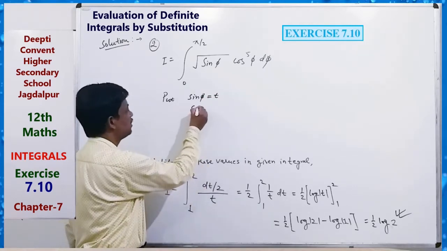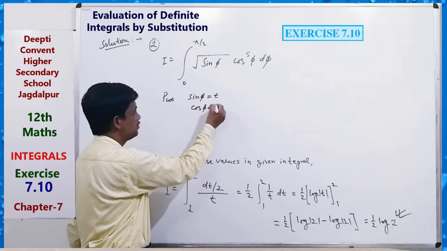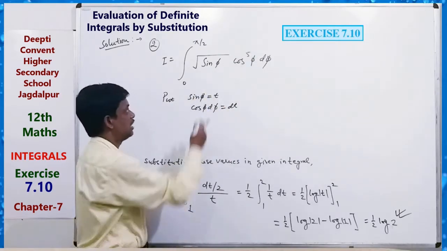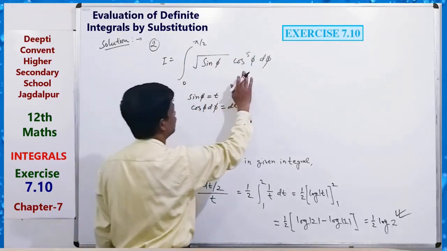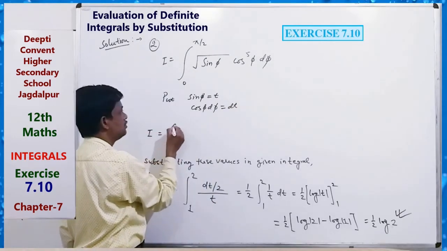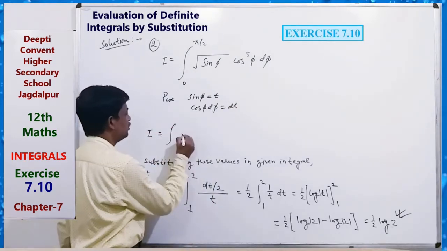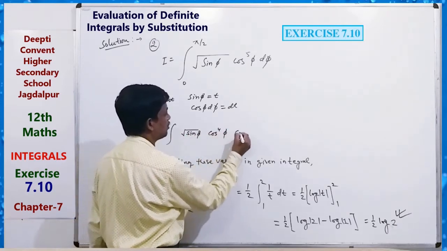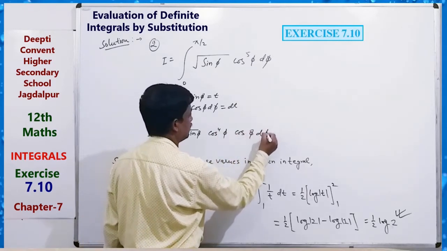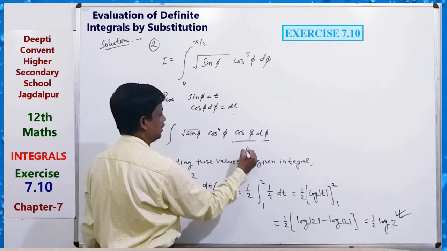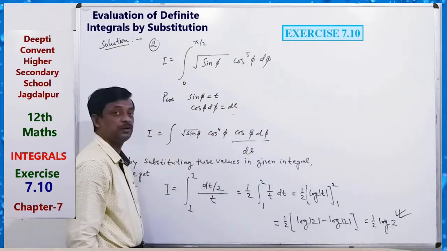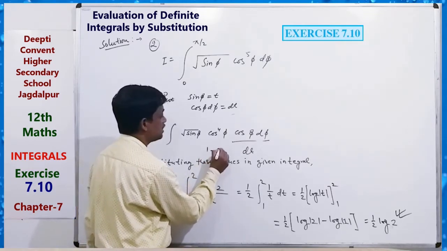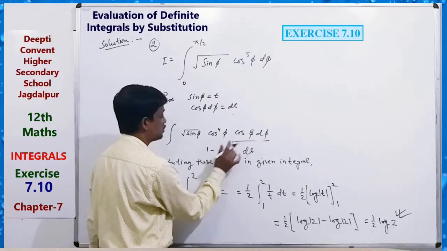Then the derivative gives cos phi d phi equals dt. So separate one cos phi and write I equals the integral of root sin phi, cos power 4 phi, and one cos phi separated, which is dt. Cos power 4 means cos square whole square. Cos square means 1 minus sin square, so 1 minus sin square phi means 1 minus t square.